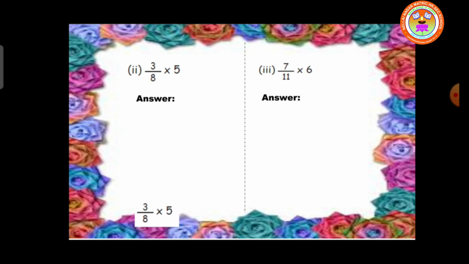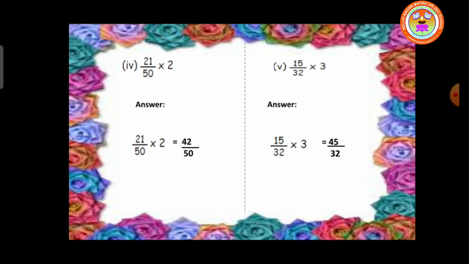Answer. 3 into 5 is 15 by 8. Third problem, 7 by 11 into 6. So 7 into 6 is 42 by 11. Next, 21 by 50 into 2. Multiply the numerator, that is 21 into 2 is 42 by 50.